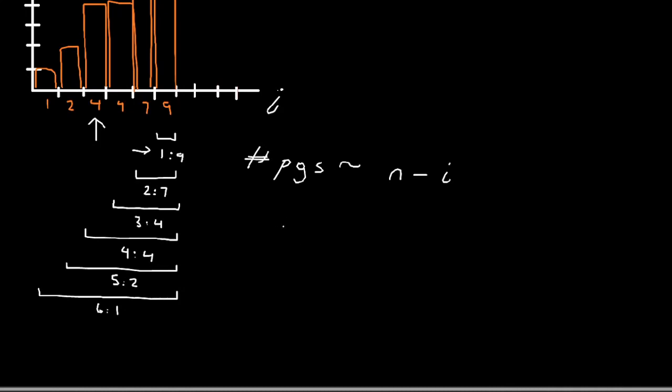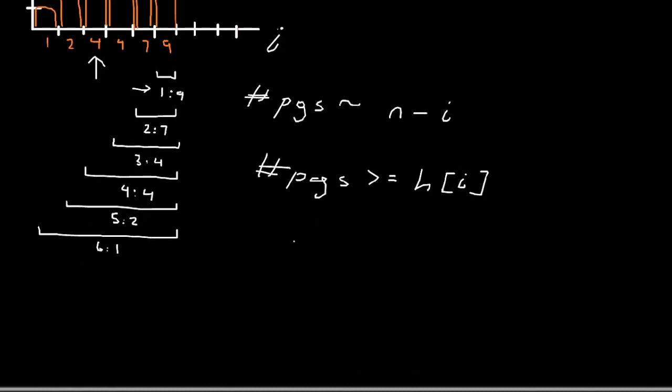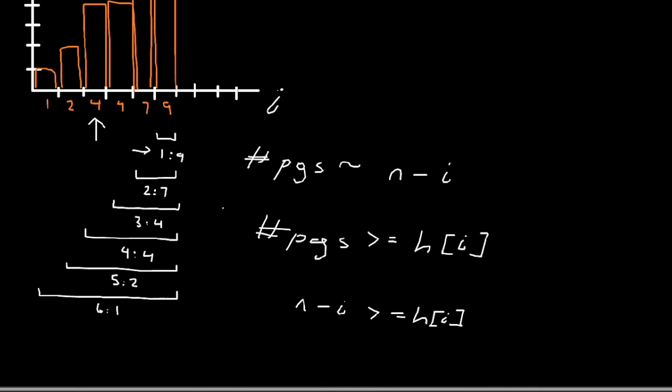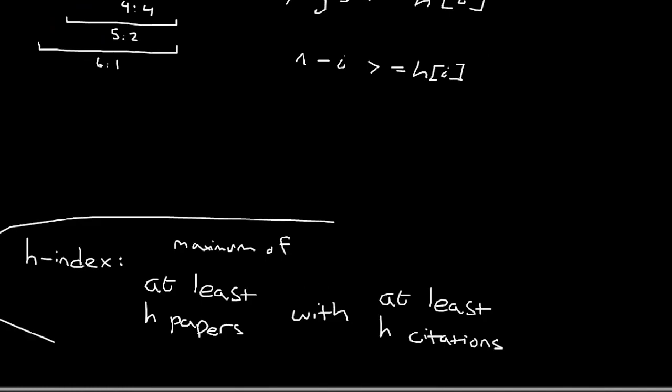So from there, we're looking for when the number of papers is greater than or equal to the number of citations at a given index. So we're waiting for when n minus I is greater than or equal to h of I. And that will give us a value that satisfies this statement.